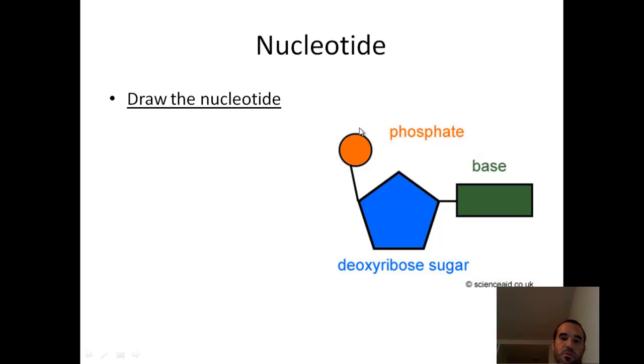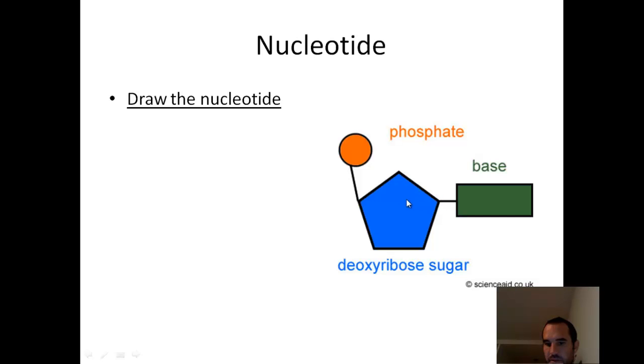Okay, so now I'm going to have you take a second right now. I want you to pause the slide and draw out a nucleotide. A nucleotide is the building block of DNA. It has a phosphate group here, sugar, and the base. So one way to think of it in a really simplified form, just think of it like a house. Your deoxyribose sugar is your house.